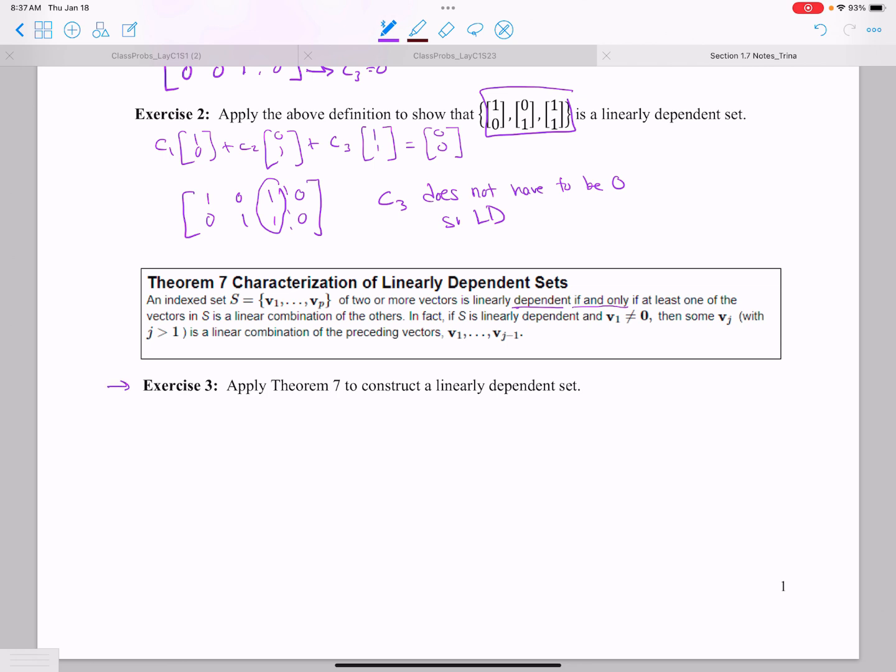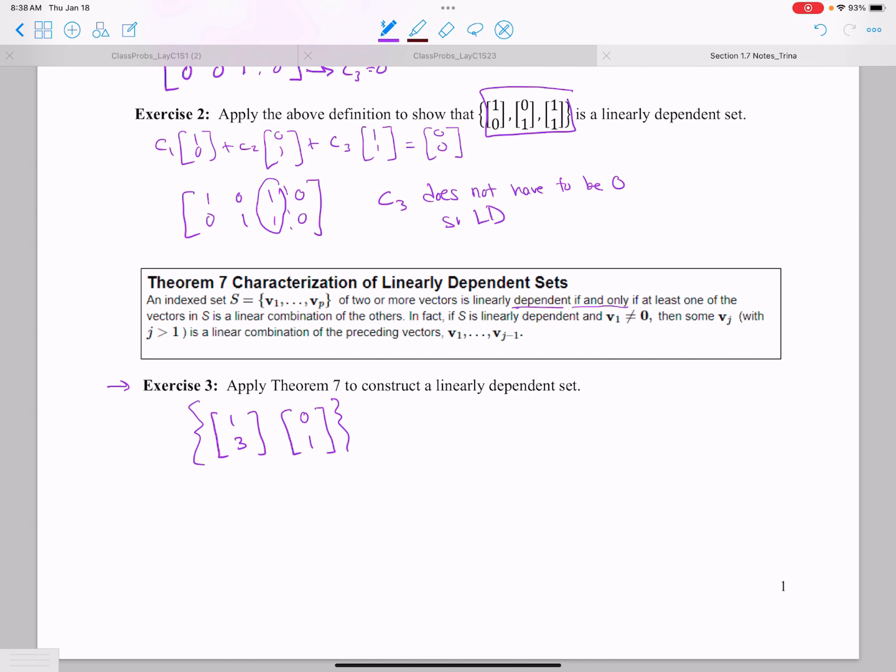For this exercise 3, how to construct a linearly dependent set. First, let's start with two vectors that are linearly independent. I know those two are linearly independent because they are not multiples of each other. If you just have two vectors, I can easily see if they are dependent or independent. They are dependent if they are multiples of each other.